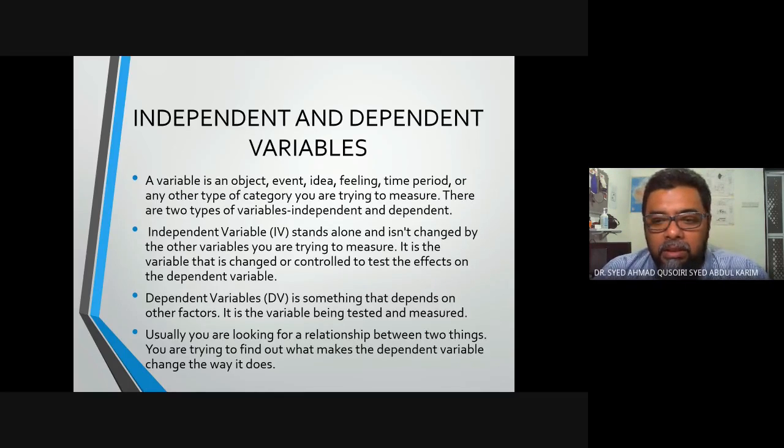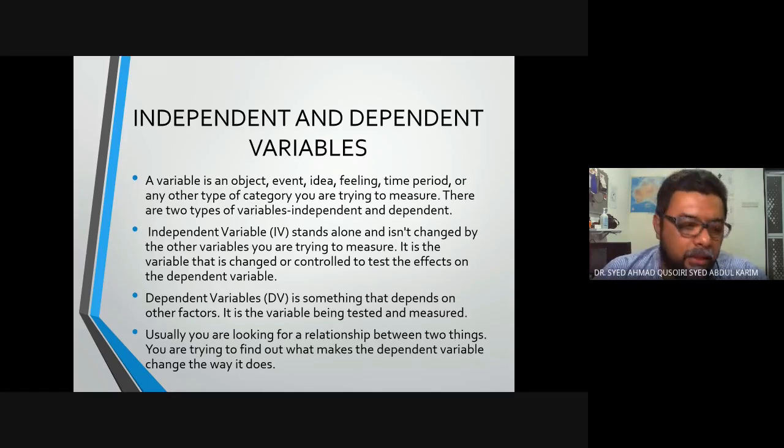It is not changed by other variables that you are trying to measure. It is the variable that is changed or controlled to test the effects on the dependent variables. So we manipulate the IV to recognize the changes that happen to the dependent variable, or the DV.